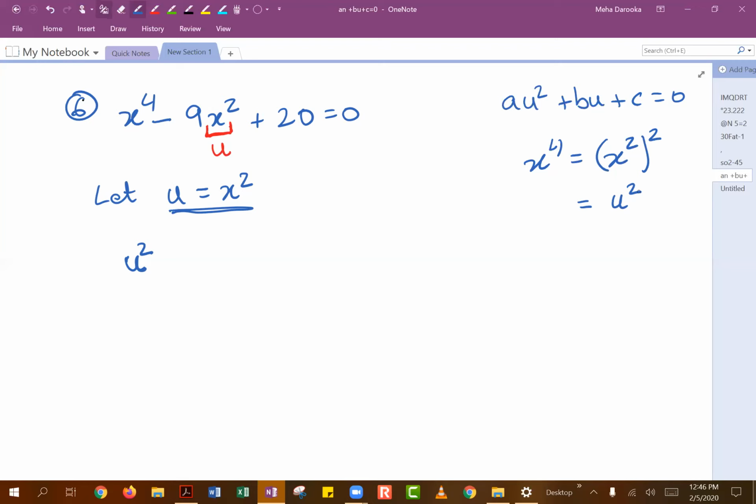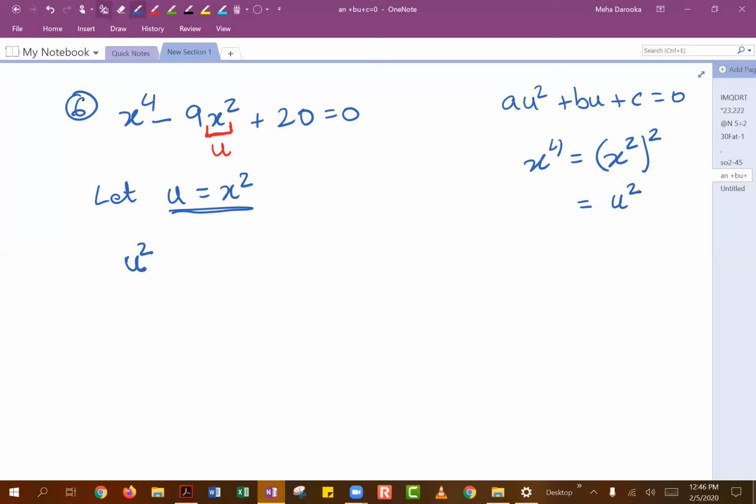No, it will actually be 9u, because you would still have to use the u instead of the x squared. Yeah, you're literally just substituting. So instead of x to the 4th, we're breaking it down into x squared to the 2nd power, and we're defining u to be x squared, so that becomes u, and your square goes on the outside.